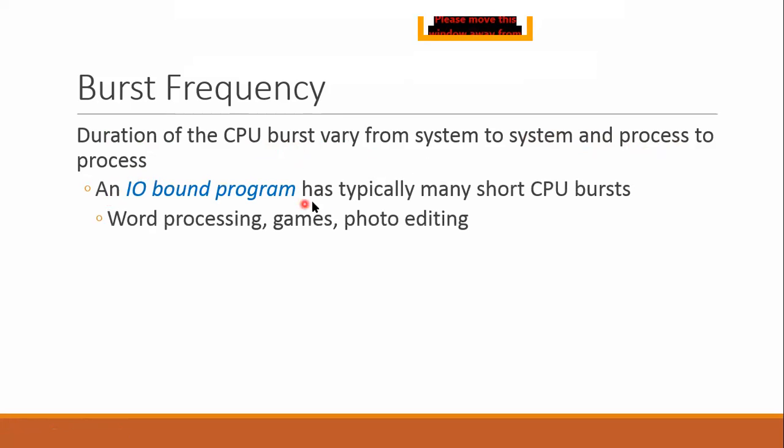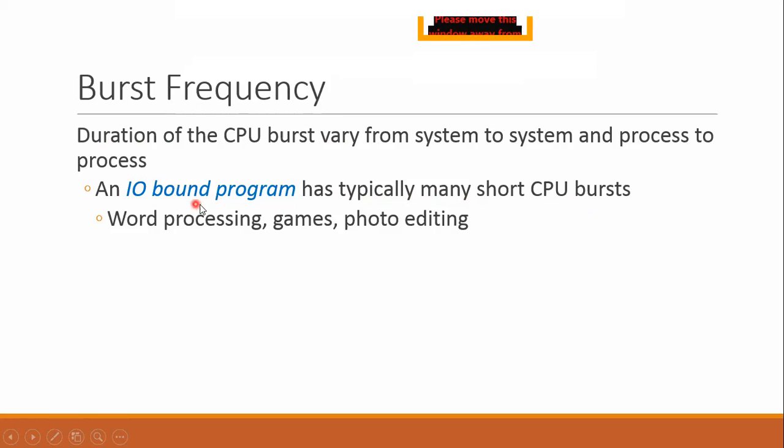An IO-bound program has typically many short CPU bursts. What is an IO-bound program? An IO-bound program is a program that performs frequent IO operations. And a program which performs IO operations frequently will have typically many short CPU bursts and long IO bursts.